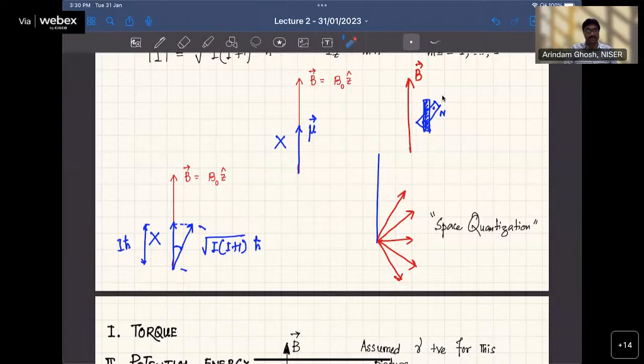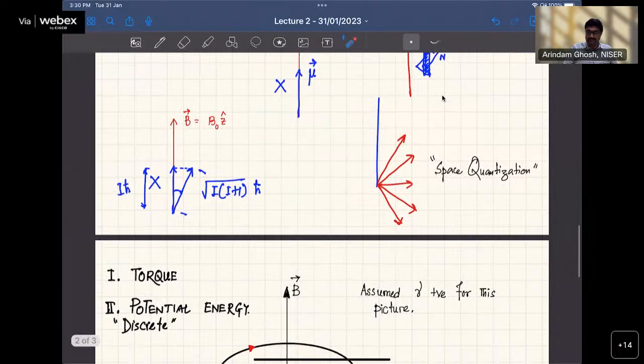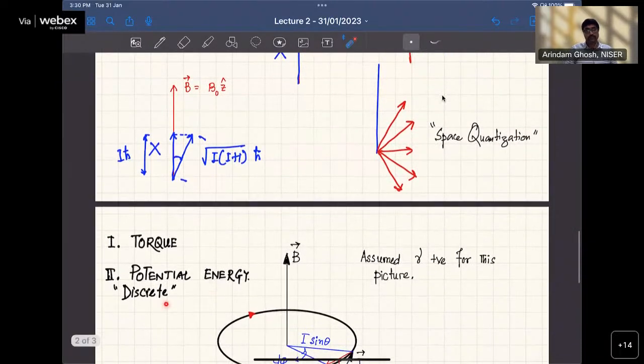The interaction energy is minimum when it is completely aligned, but quantum mechanics is not allowing it to completely align. Whatever it is, this is going to be more aligned than this one, which is anti-aligned. So as the orientation goes from mostly aligned to mostly non-aligned, the interaction energy is going to be changing. Therefore, as these states are discrete, the potential energy is also going to be discrete.